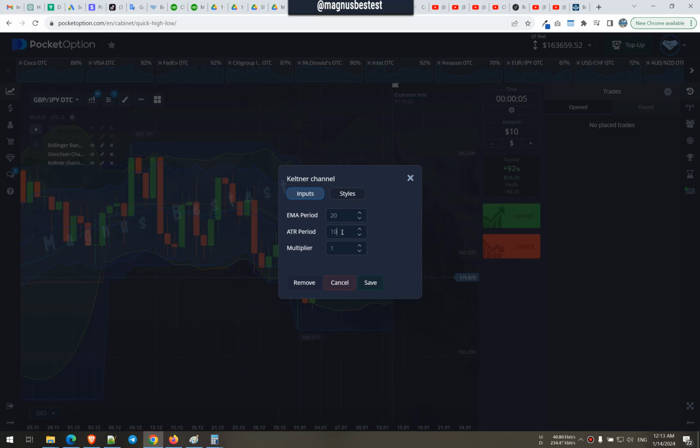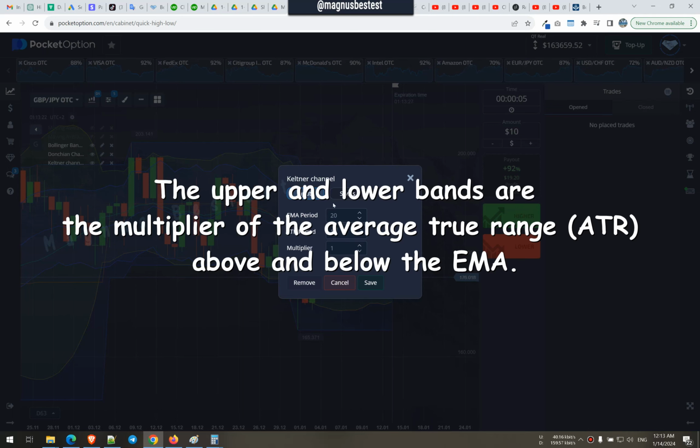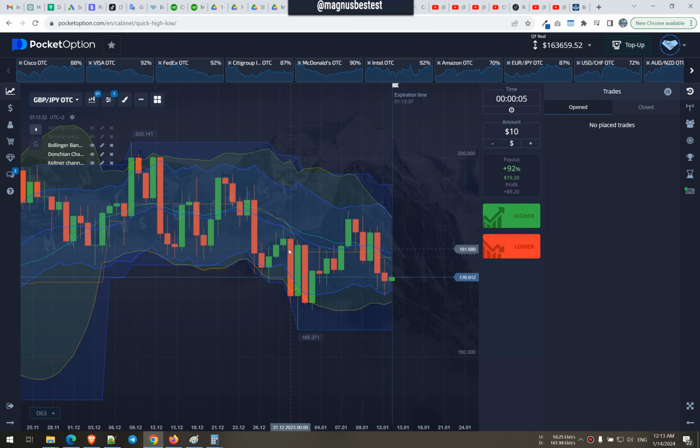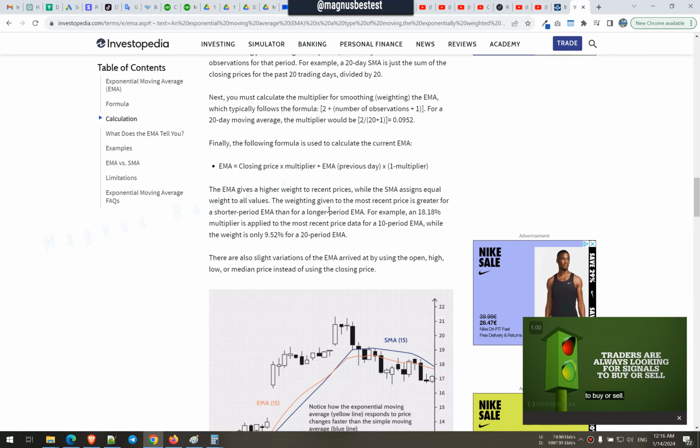Okay, guys, here you can also see a multiplier and EMA period. So let's leave it like this. EMA is a little bit different than simple moving average. Now let me quickly explain the difference between SMA and EMA, simple moving average and exponential moving average.